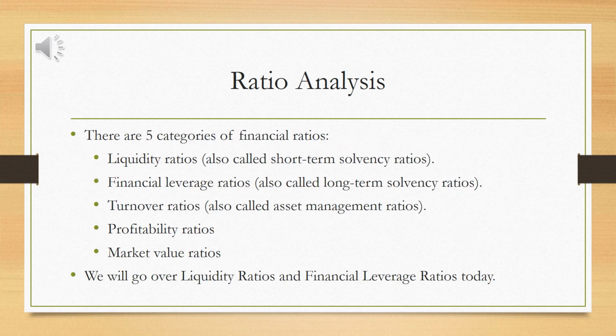There are 5 categories of financial ratios: liquidity ratios, financial leverage ratios, turnover ratios, profitability ratios, and market value ratios. Today, we will go over liquidity ratios and financial leverage ratios. Next week, we're gonna go over turnover ratios, profitability ratios, and market value ratios.